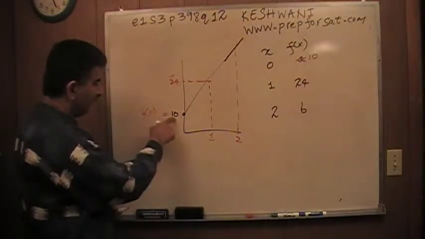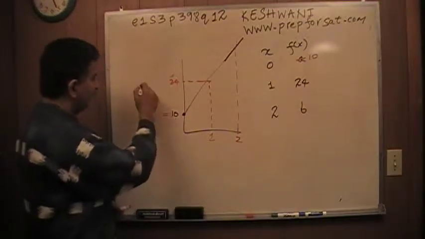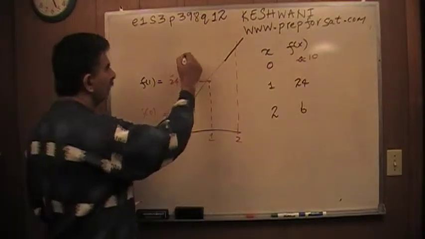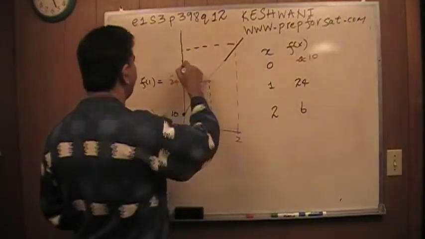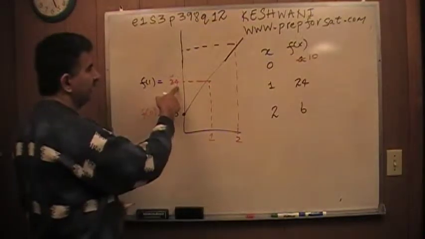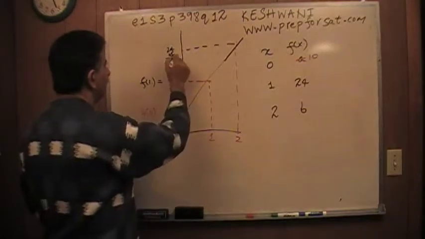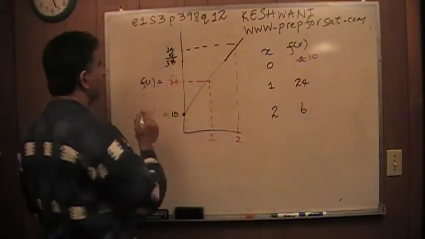When x was 0, the value of y was 10. When x is 1, it is 24, an increase of 14, so it should go up by 14 again. Well, what is 24 plus 14? 24 plus 14 looks like it's 38.